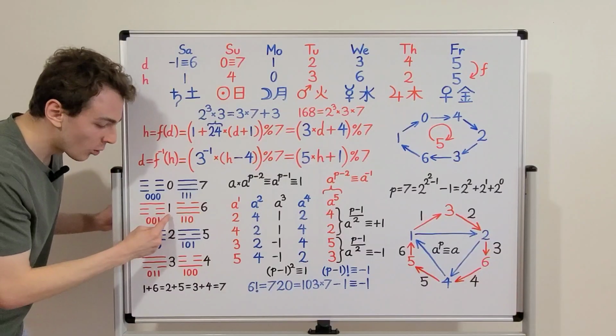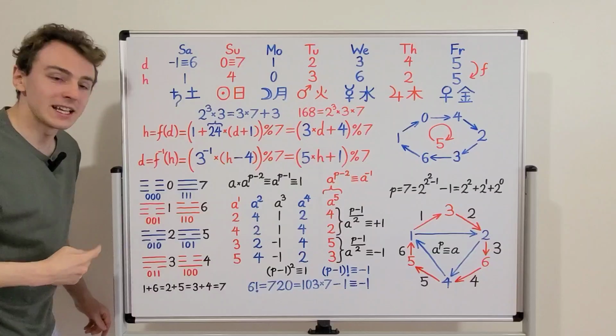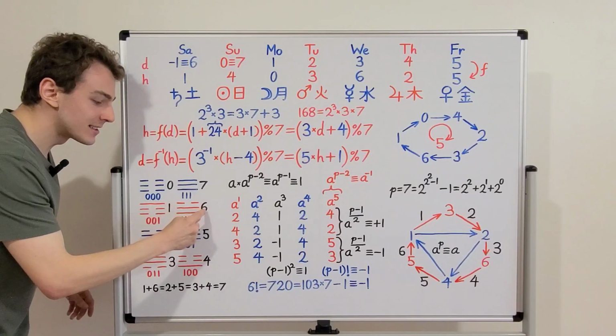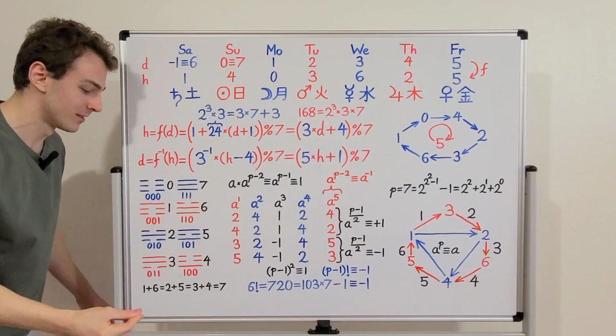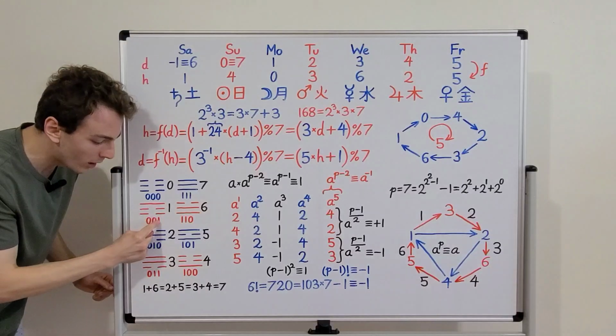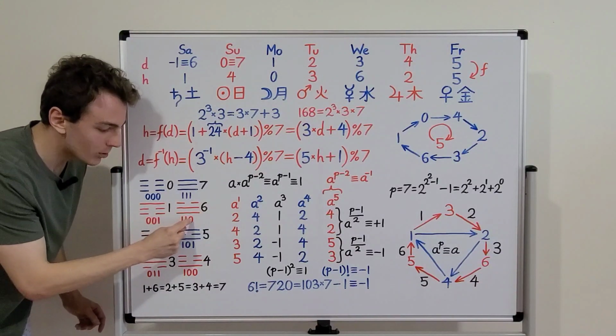So you can see that 1 and 6 are a pair. 1 plus 6 is 7. Or we can say that 1 and 6 are additive inverses mod 7. So observe that in binary, 1 can be written as 0, 0, 1. And if we flip each of these bits, then we get 1, 1, 0.